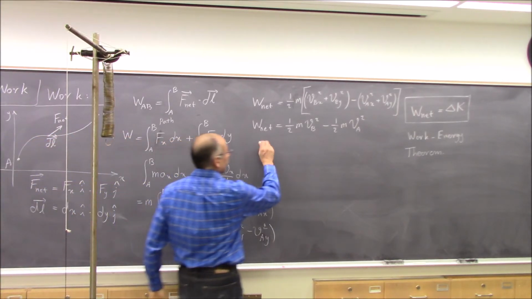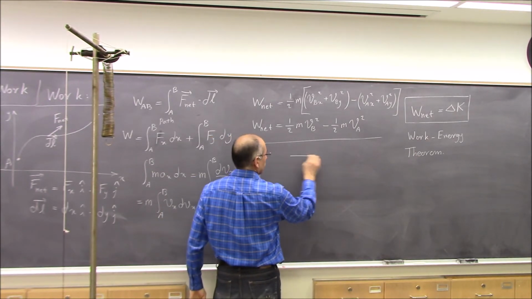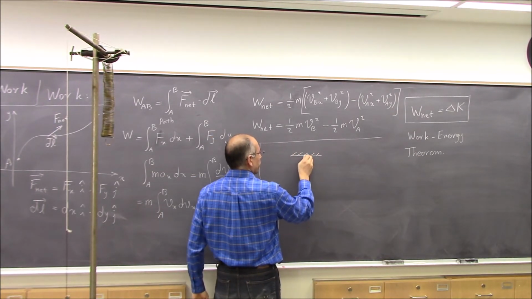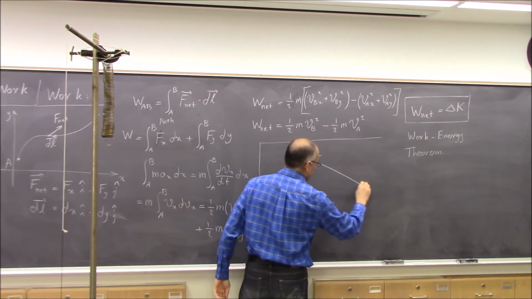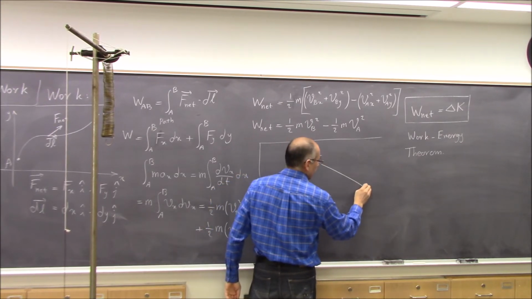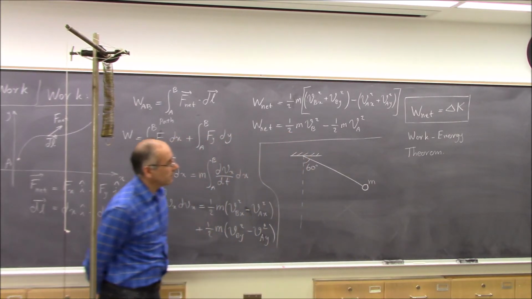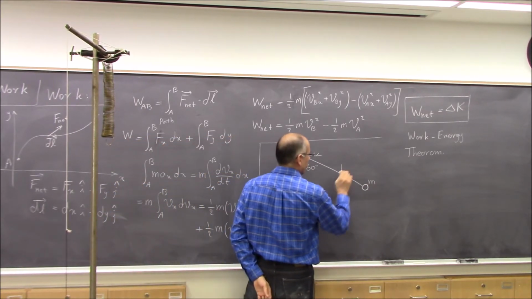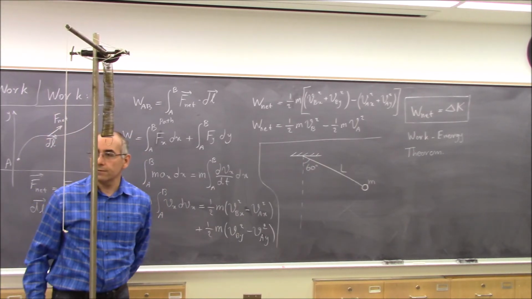Now we have the pendulum from vertical position. We start from a 60-degree angle here and it has a mass m and a length L. We can measure the length, right?